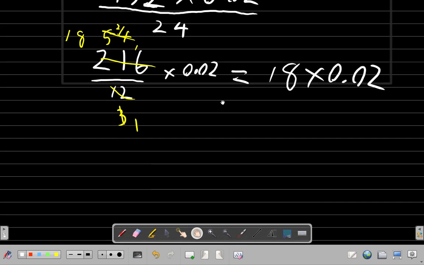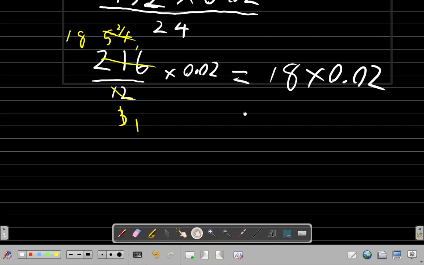Alright? Now, 18 times 0.02 is what? Let's multiply this 0.02 by 100 first, and then we will have to divide it by 100 after. Let me rewrite it. 18 times 0.02.